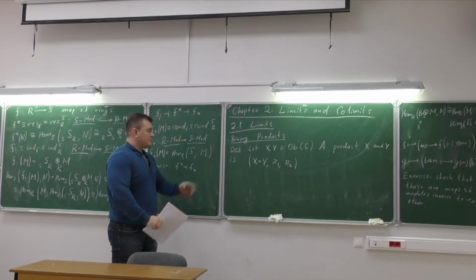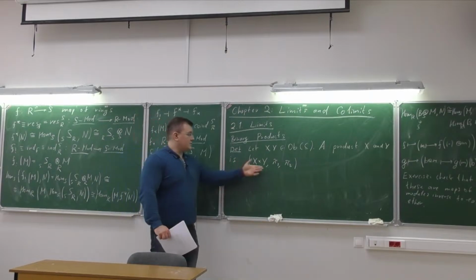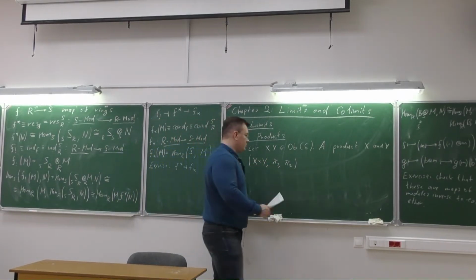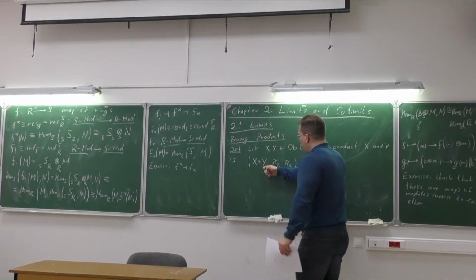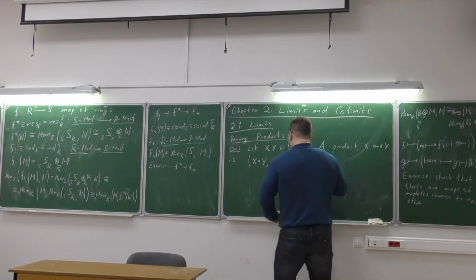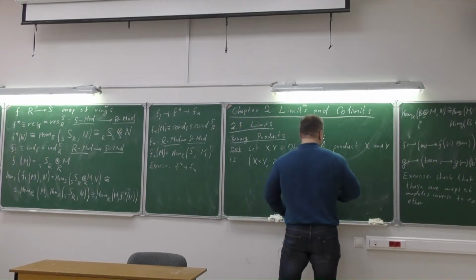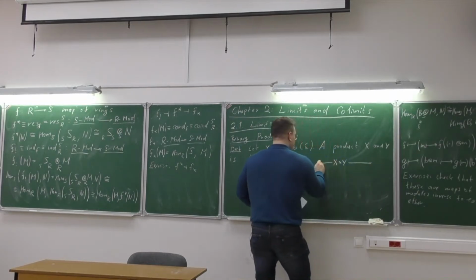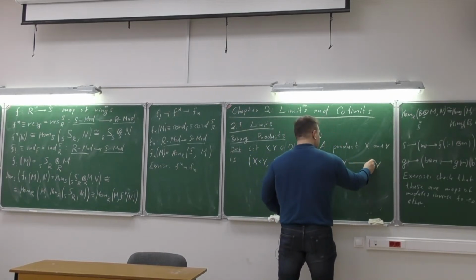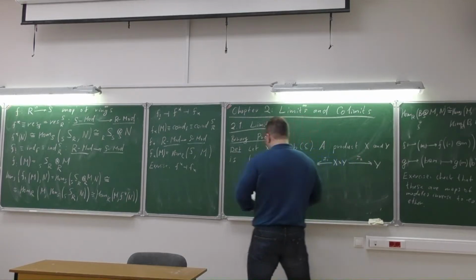But of course, this is just a formal definition, and whenever you do computations, you usually don't write this as a triple, you just write it as a product of X and Y. But it's important to understand that these two maps are also part of the definition. So in other words, I have an object, which I'm going to call the product, and from this object I have two canonical projections, to X and to Y. I'm going to call these pi 1, pi 2.